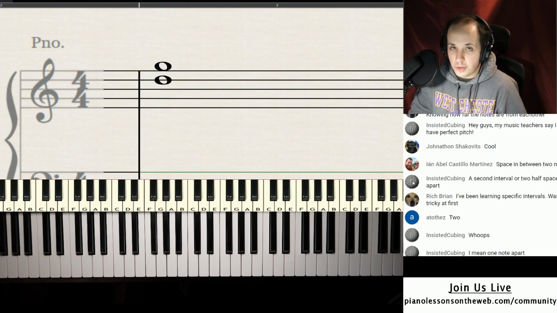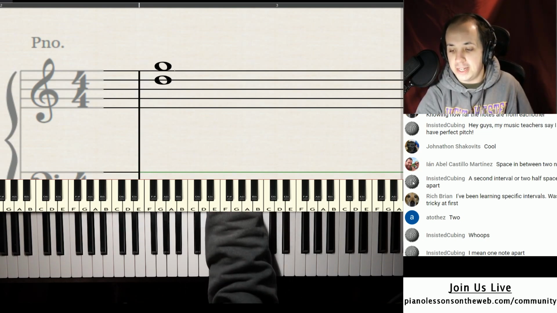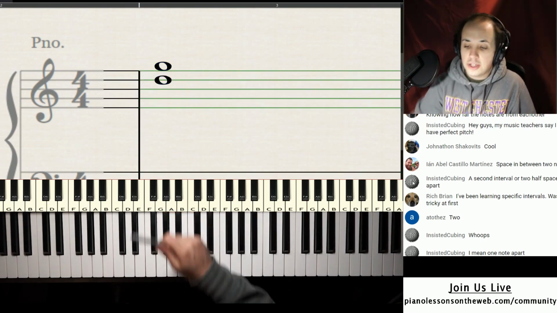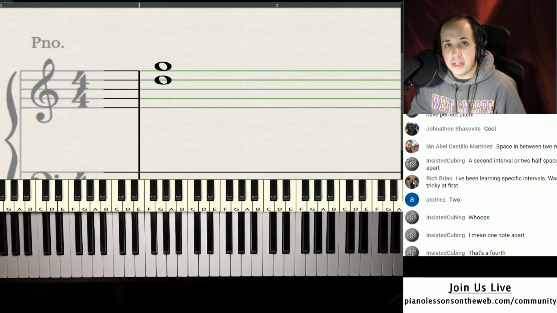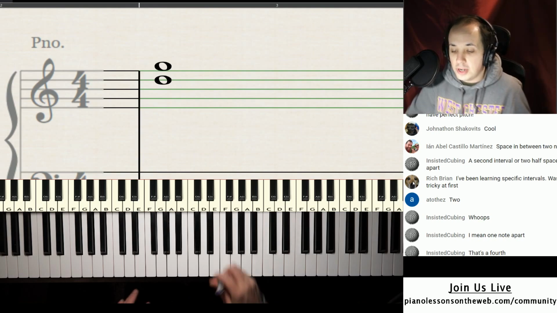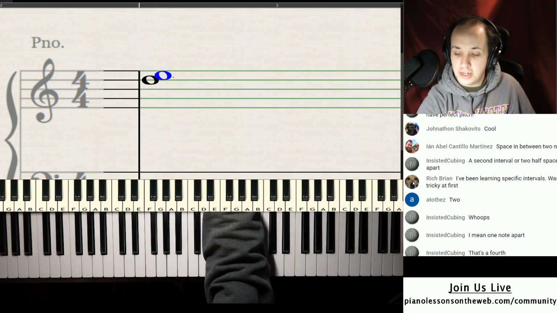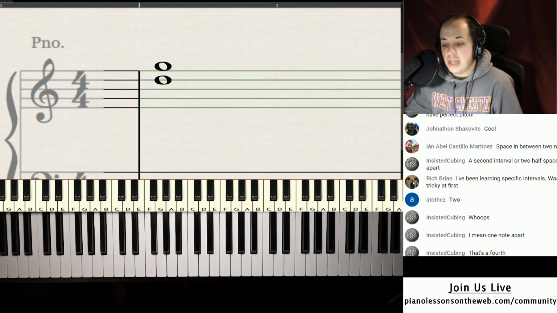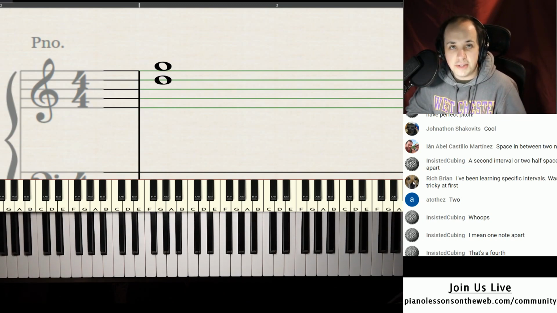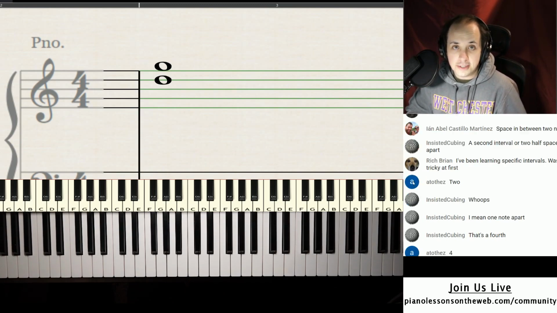What I mean by that is, is it line to line or line to space? They mismatch, since this one's on a line and this one's on a space. Therefore, it must be an even number interval. This interval isn't as close as it was before, because remember, with the second, it was here. So it's a little bit further away than that. The next one up in the even number intervals, of course, is a fourth.